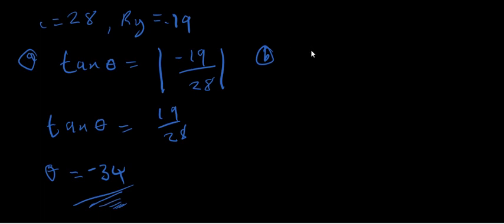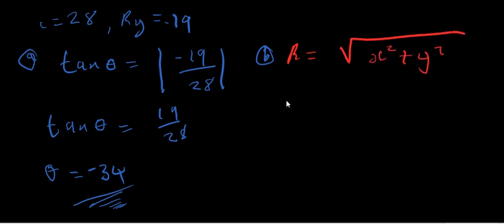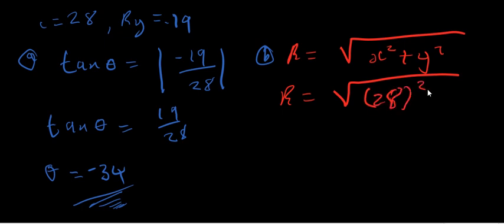So for the size, we say r is equal to the square root of the x component squared plus the y component squared. So r is simply equal to the square root of 28 squared plus negative 19 squared.